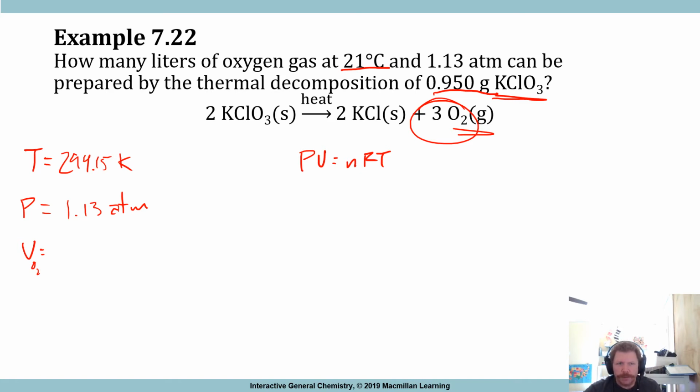Okay, so temperature is accounted for, pressure is accounted for, volume is what we don't know, but what we want to do is look at moles of KClO3 and relate that to our moles of O2, okay? Because that will allow us to solve for that n value, okay?